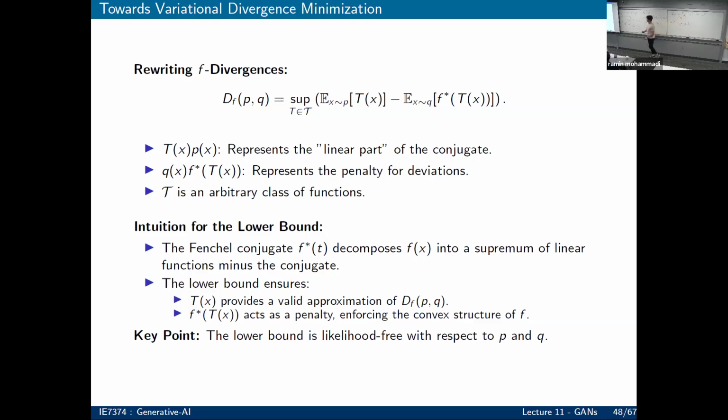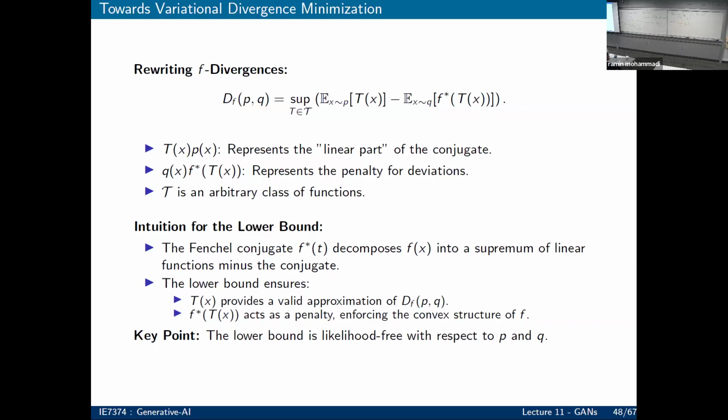Then you have this q of x times f star. There is a q multiplication by it just for scaling. So it's some scaled version of that conjugate function. The first part is just a linear part. The second part becomes like a penalty term for deviation.